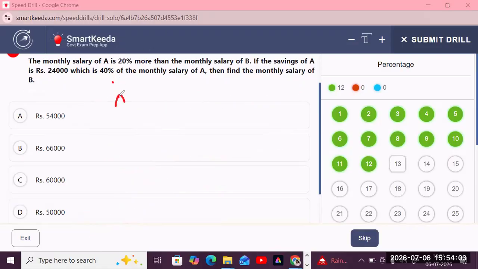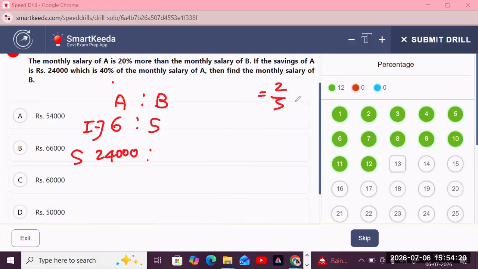A monthly salary of A is 25%, 20% more than B. If the savings of A is 24,000, which is 40% monthly salary of A, which is 40% of the monthly salary of A. So ये एक्स्ट्रा आइडेंटिटी 10,000.